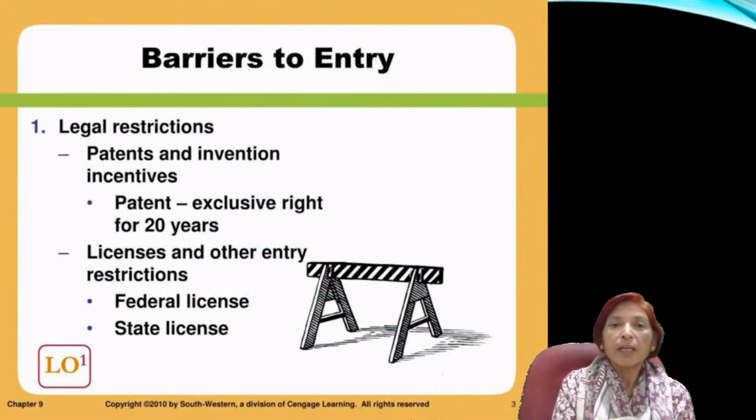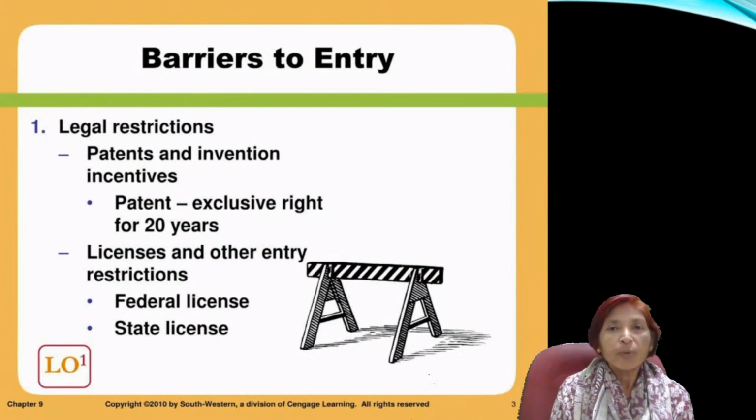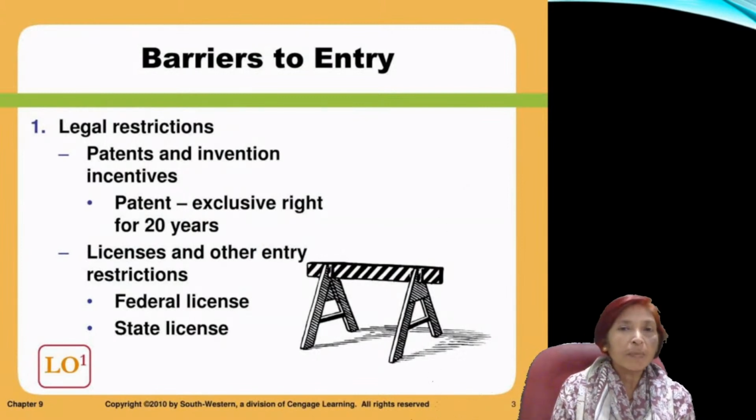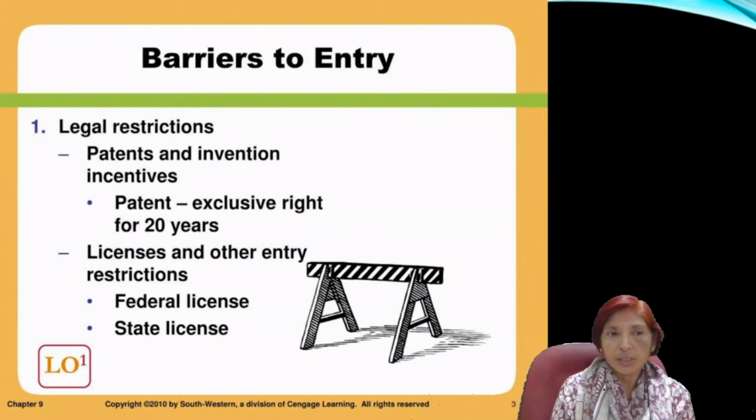Now next is barriers to entry. What type of barriers exist in the market structure, and what type of barriers a seller or government can put to enter in the market structure. One is legal restrictions.